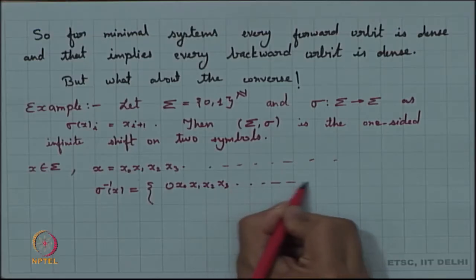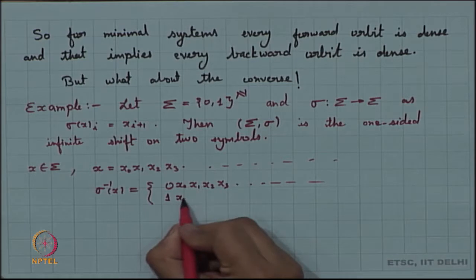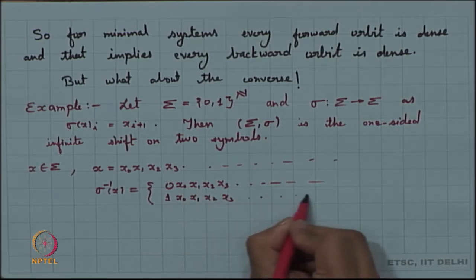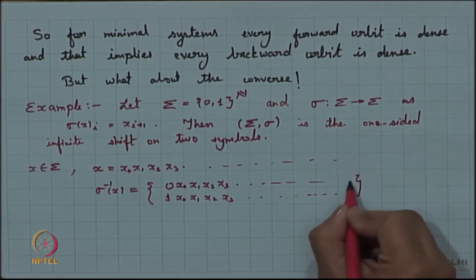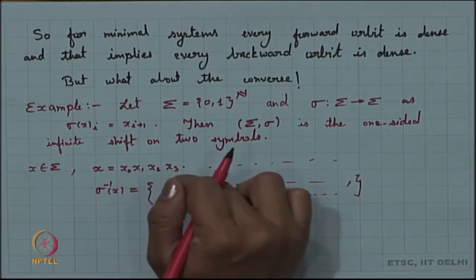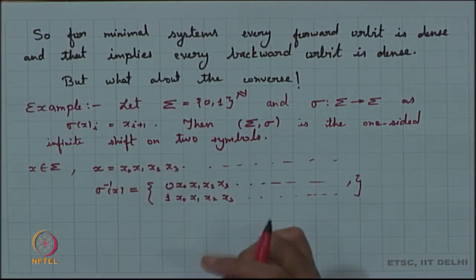So, sigma inverse x will be a set, and that set would be 0, x0, x1, x2, x3 and so on, and similarly 1, x0, x1, x2, x3 and so on. I get these 2 points in the set sigma inverse x, because if I apply sigma to both of them, I get back the sequence x.